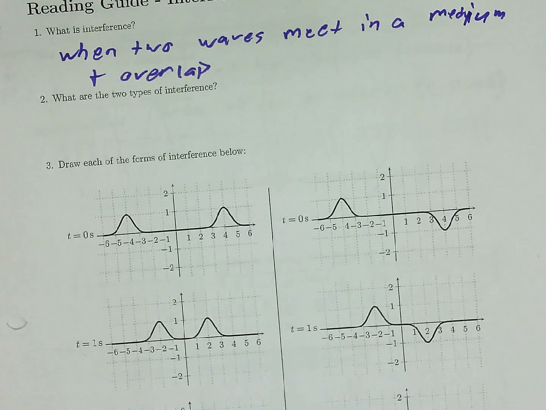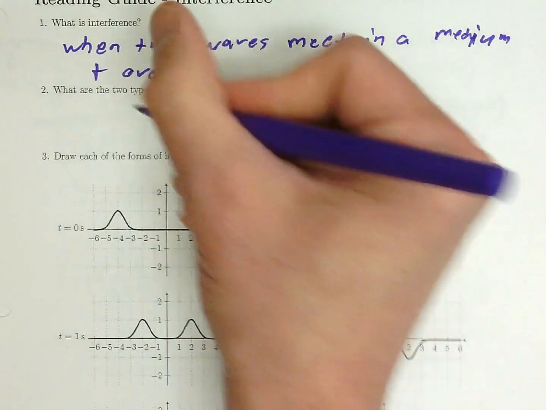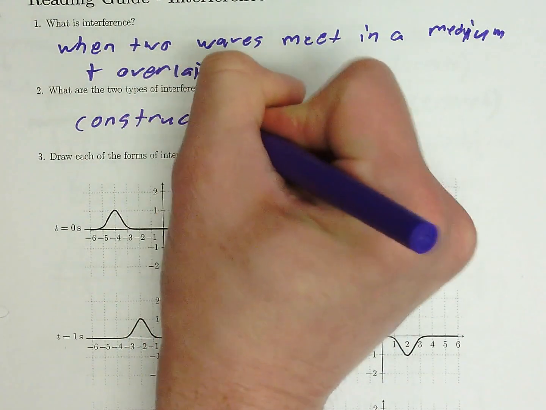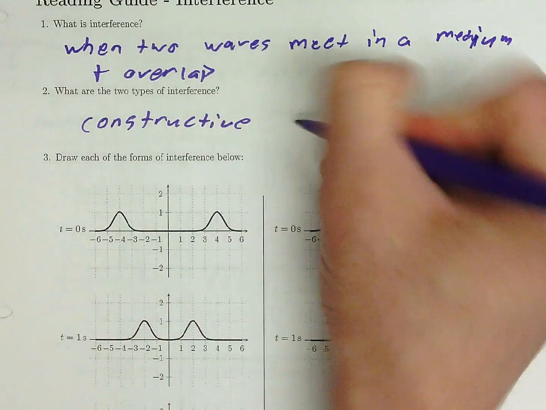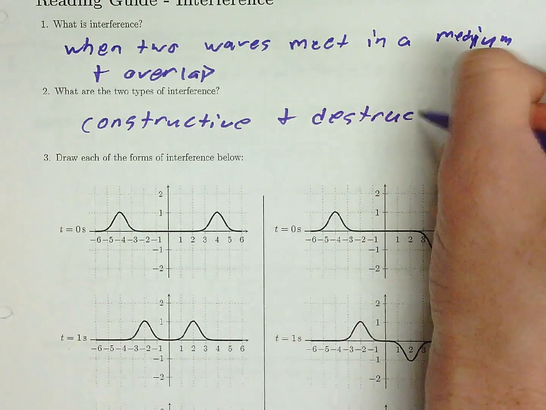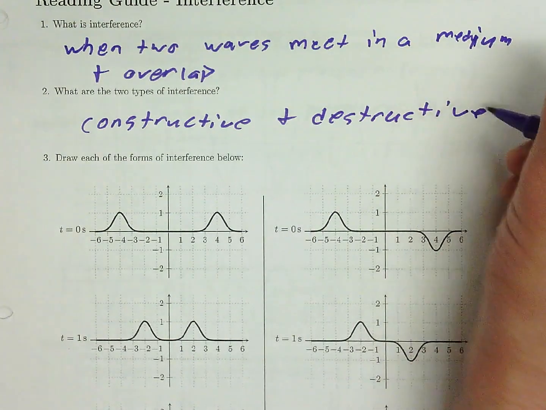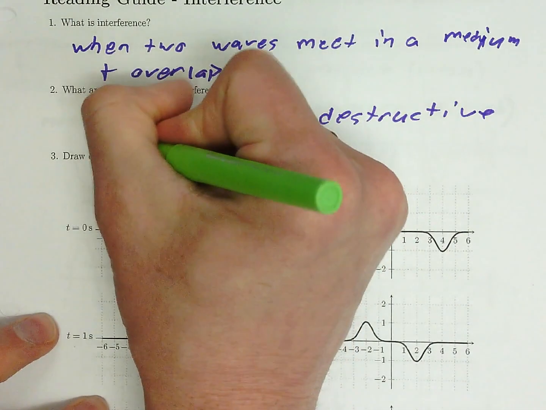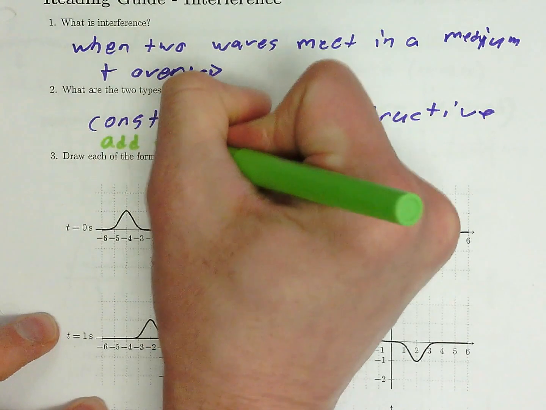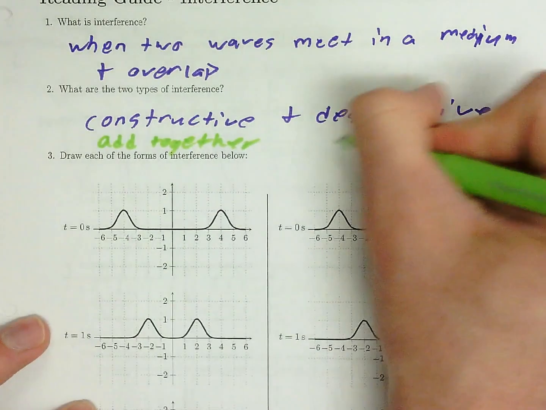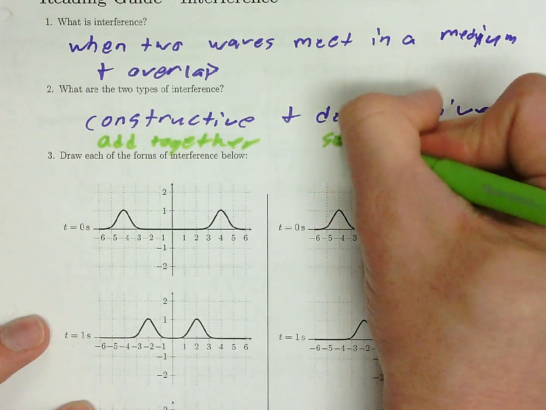What are the two types of interference? The two types are constructive and destructive. In general, the way to think about them is constructive, add together, and destructive, subtract.